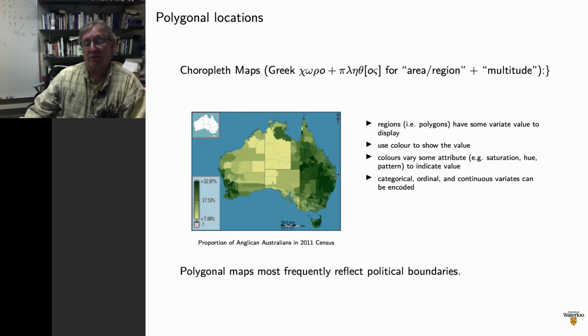So we're using color to show the value, and colors will vary with saturation, and you still see some concentration, but you are drawn to looking at these polygons. So the polygons are arguably very unnatural. They're just artificial made because they're political boundaries.